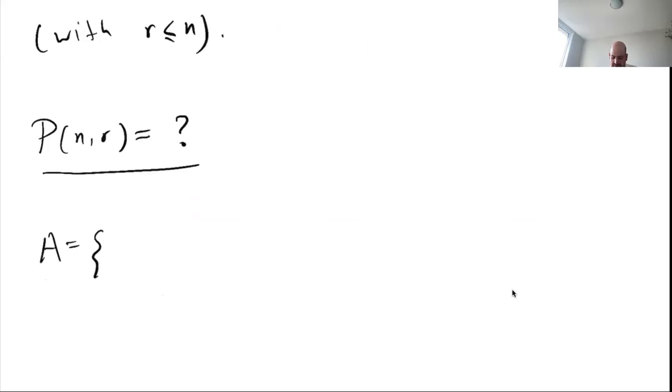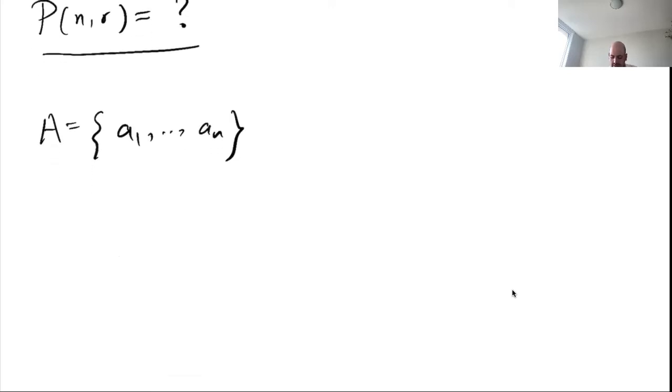So let's say A is A1 to AN, and I want to choose R elements here. In how many ways can I do that? Again, remember the order is important for me. When we talk about permutations, it means order is important. So it's important which one is the first element, which one is the second element, and so on. So I put a square for the first element or first position, and then second element, up to the Rth element.